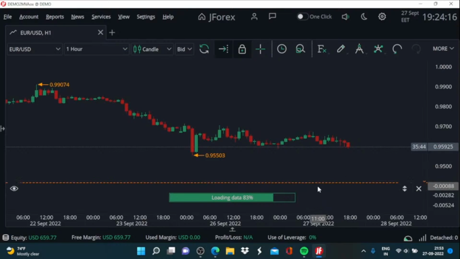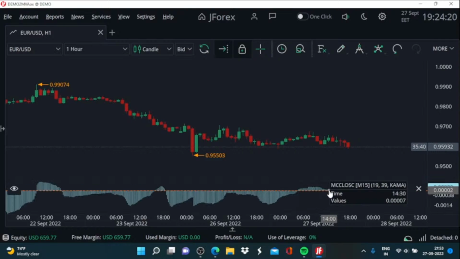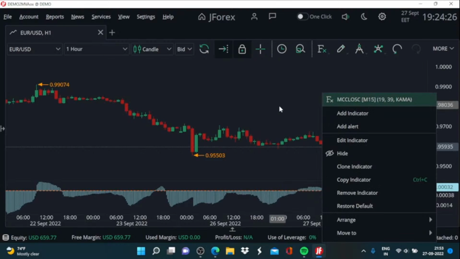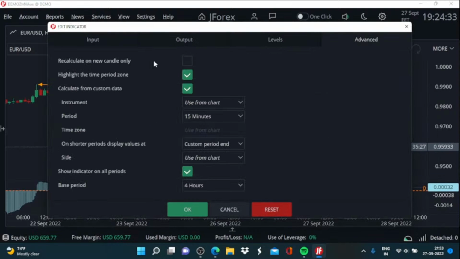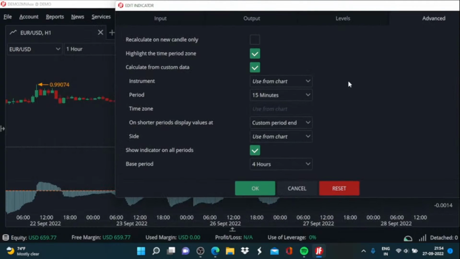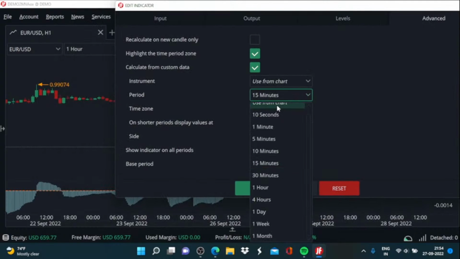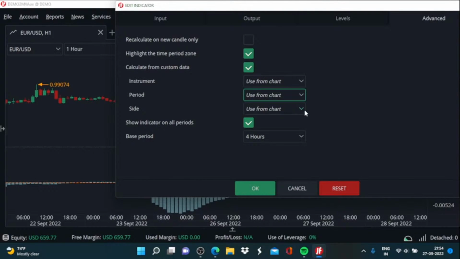So here I have now plotted this output using 15 minutes as the candle period for the purpose of calculation, even though the chart's output is of 1 hour for each of these candles. Now I will revert it back to use from chart.